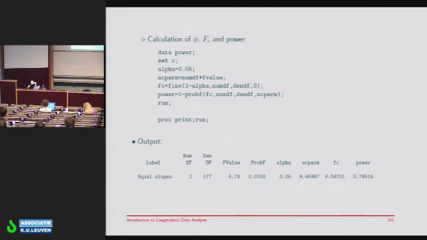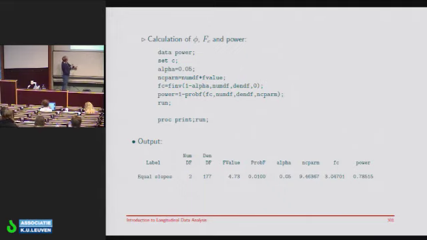And then I use that F inverse function, and the F inverse function calculates the value here on your x-axis for an F distribution with non-centrality parameter 0, because we're working under the null hypothesis, with degrees of freedom num_df and denominator df, which are also in the output dataset, because SAS calculated that for us.